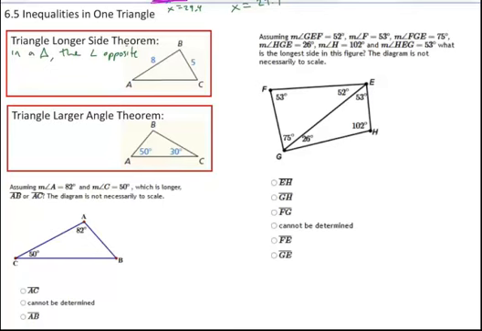the angle that's opposite the longer side is the larger angle. Now, there are two other relationships that work with this. And that is that the angle opposite the shorter side is going to be smaller.